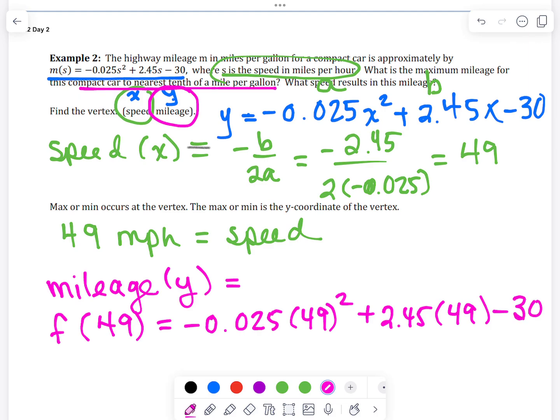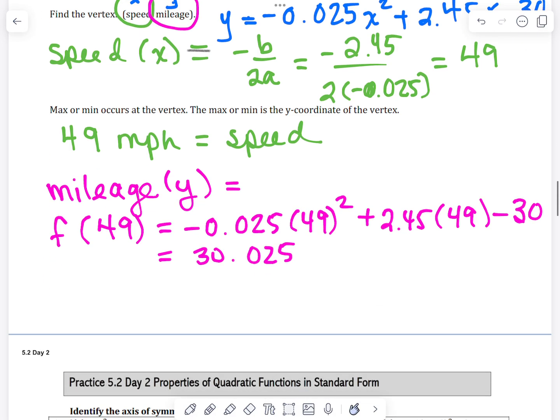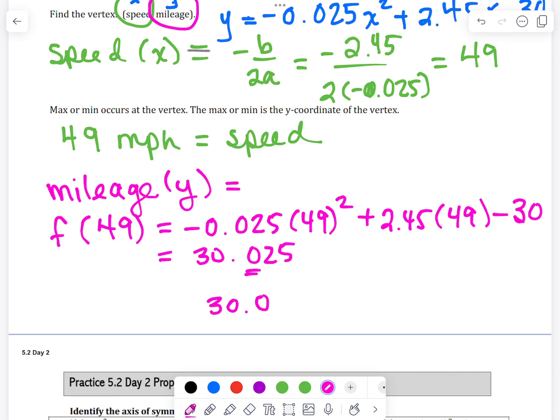And then we use our calculator to simplify it. And we get 30.025. So we want this answer to be to the nearest tenth. So here's the tenths place, so 30.0. And then the unit of measure is miles per gallon.